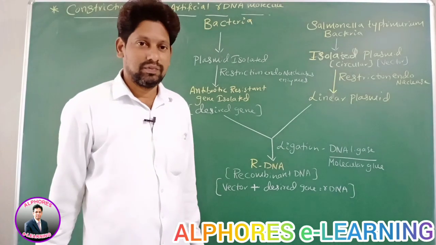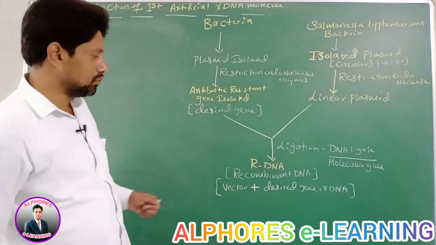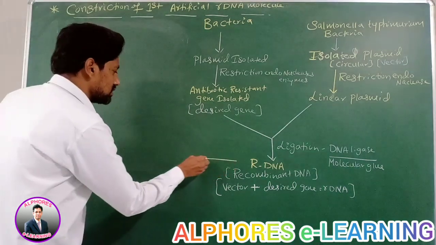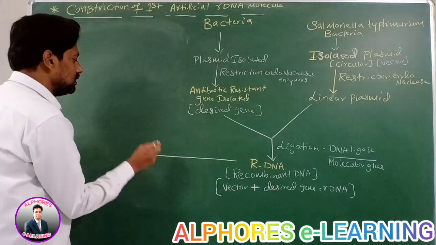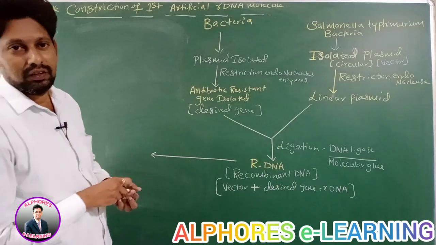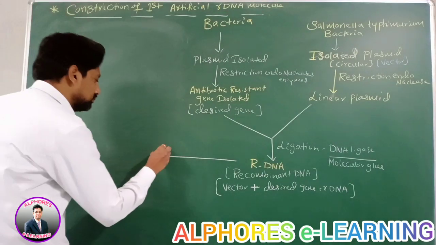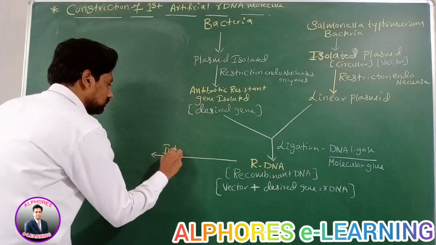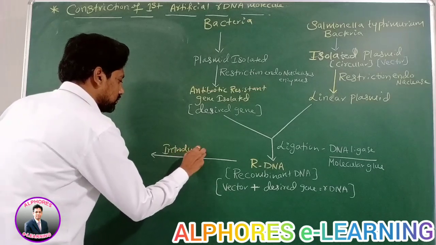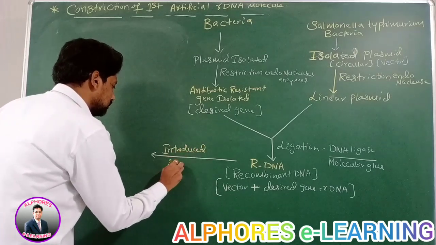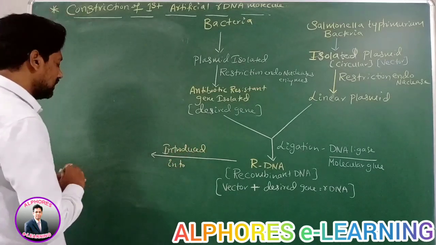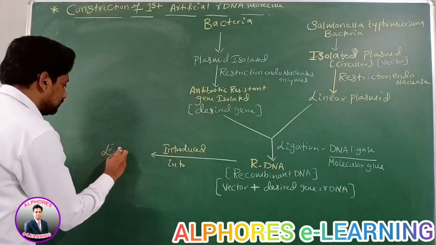Now listen here. Cohen and Boyer introduced this rDNA into the E. coli bacteria. Introduced into what? E. coli bacteria.